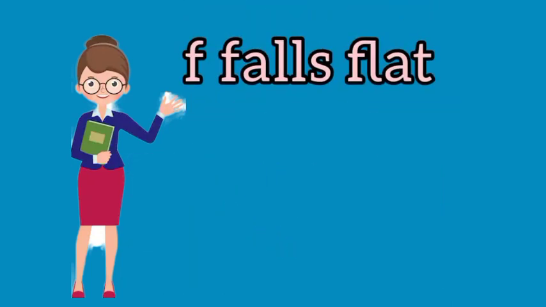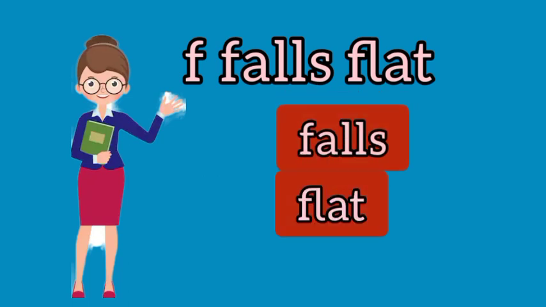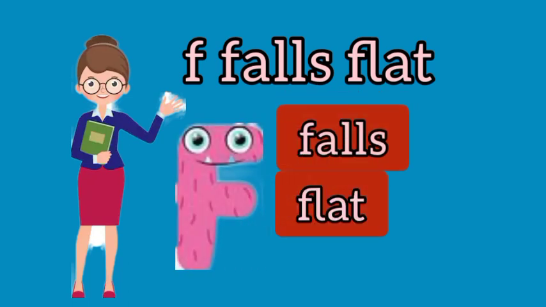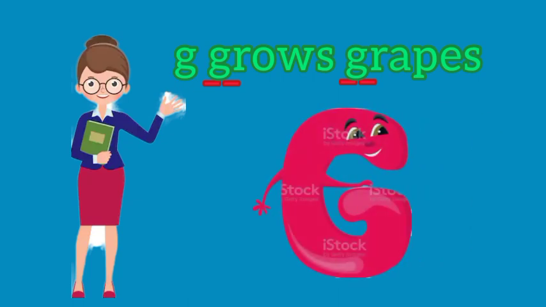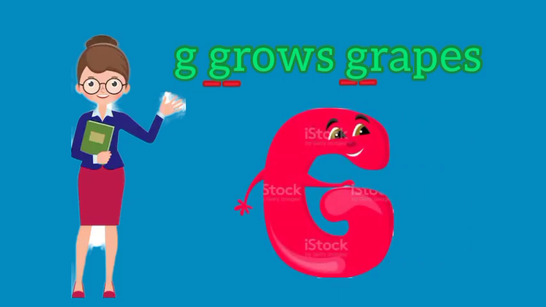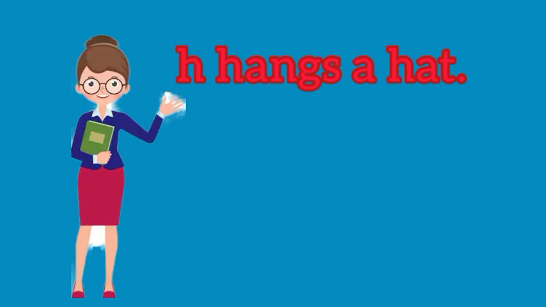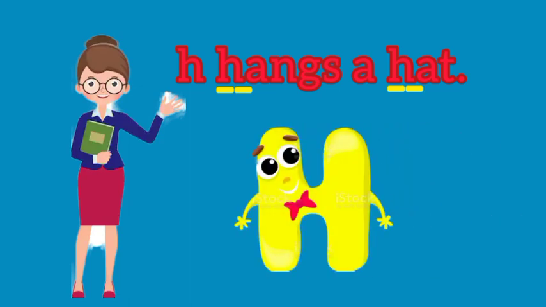The words falls and flat have the letter F in it. G grows grapes. The words grows and grapes begin with the letter G. H hangs a hat. The words hangs and hat begin with which letter? Yes, they begin with the letter H.